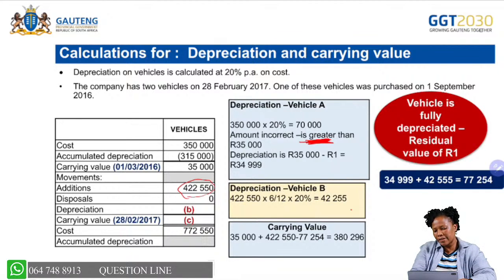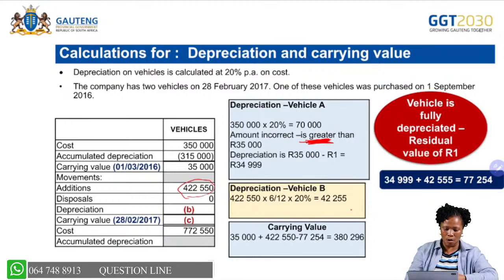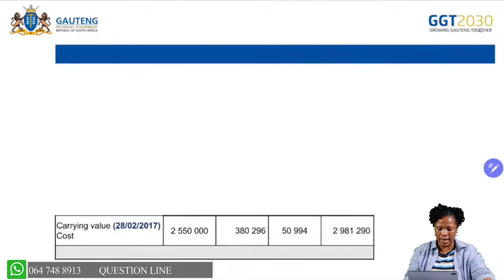So we have our 35,000, add the new asset that has been bought, and we are also going to subtract the depreciation that we have calculated, 77,254. And then the net value, or the carrying value, will be 382,996. That's our carrying value. That answers number C.